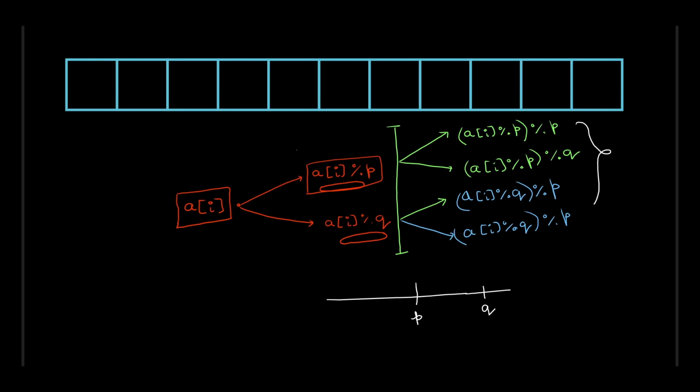Let us look at the first branch. In the first branch, you have done a_i modulo P. Let's forget about all the mathematical formulas and complications, and look at things from the number line and from a visual perspective. The first property of modulo is that modulo X will always belong to the set 0 to X minus 1.